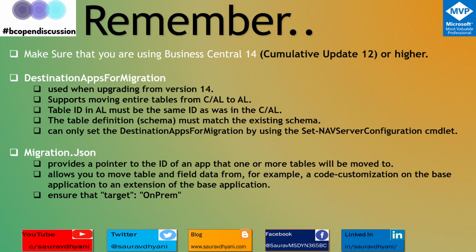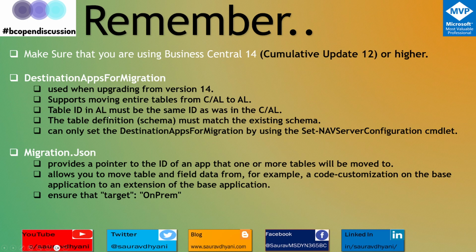Now, destination app for migration is used when you are upgrading from version 14 and you have to move an entire table from CAL to AL, which means all the tables between 50,000 and 99,000, and I'm just talking about the customs right now. To move that data from the CAL environment to an AL extension, you will need to use a feature called destination app for migration. There are some rules for it.